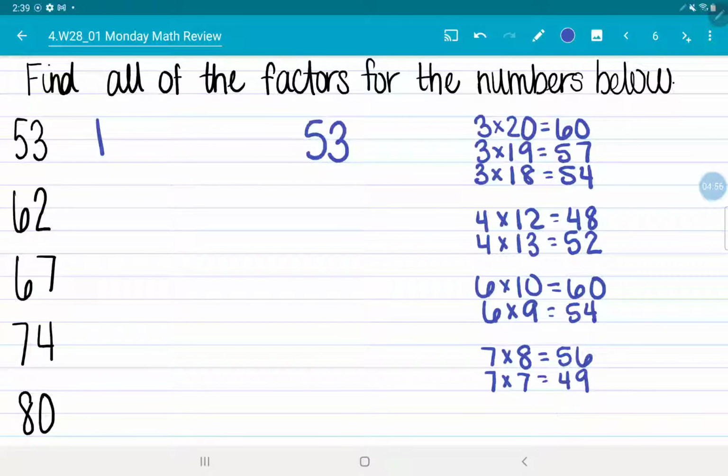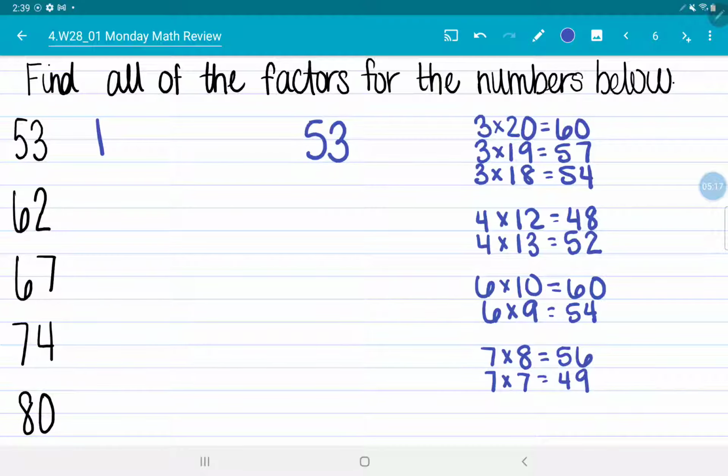We found earlier that 4 times 12 was 48. That's as close as we can get. 5 times 12 is 60. So we can say that 53 is what kind of number? Prime. The only factors of 53 are 1 and itself. So it's a prime number.